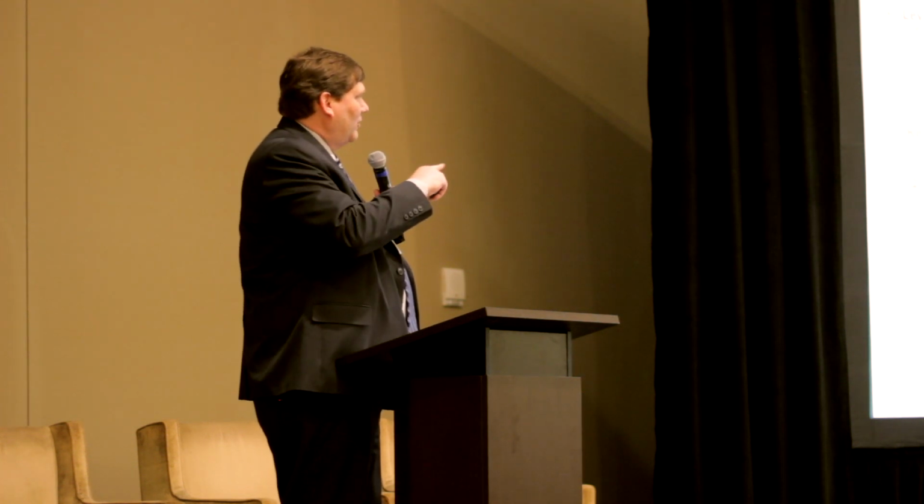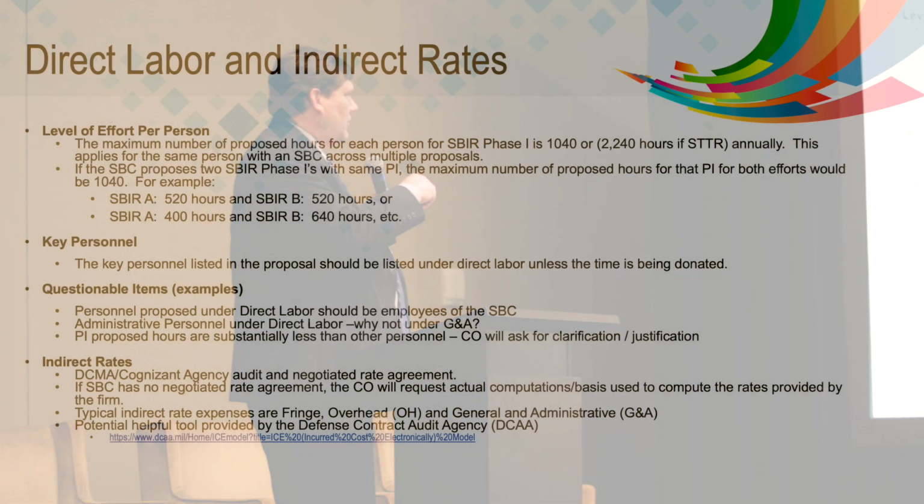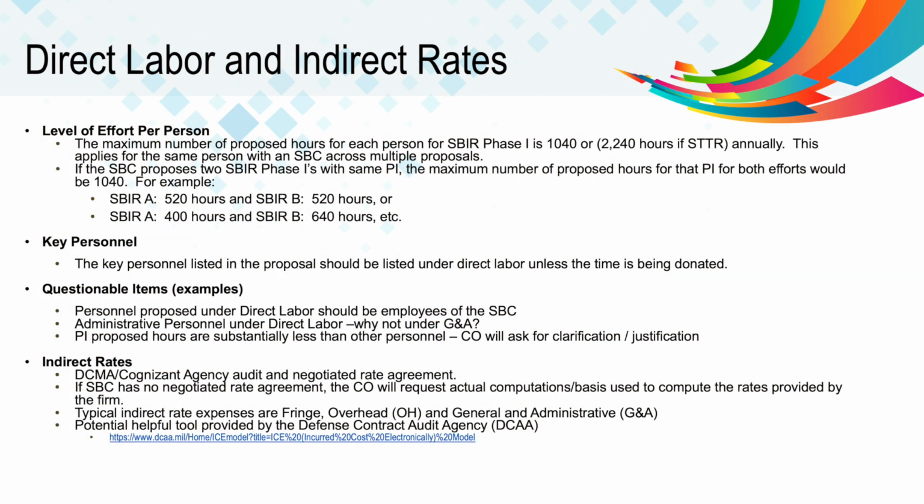Some questionable items I'd like to share, just some that came to mind: the personnel proposed under direct labor need to be employees of your firm. They shouldn't be subcontractor employees or consultants. That does happen from time to time. Administrative personnel shouldn't be listed under direct labor.